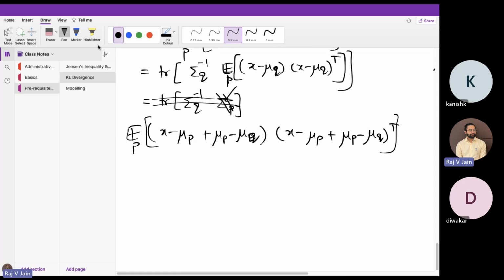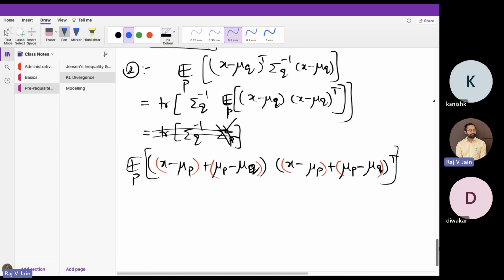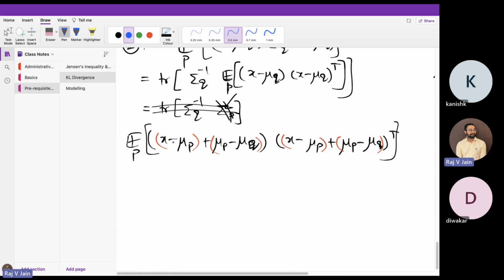I can look at this as two terms, so I have (a plus b) into (a plus b) transpose. The first term is x minus mu P into x minus mu P transpose. This is a term that we like, because I can take expectation over P and get my sigma P.